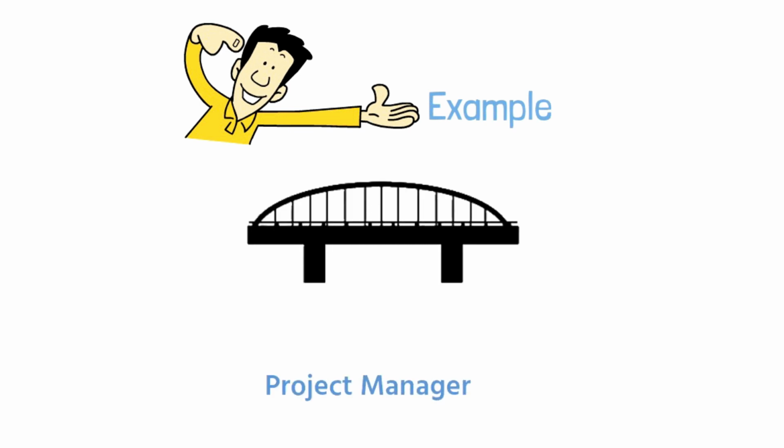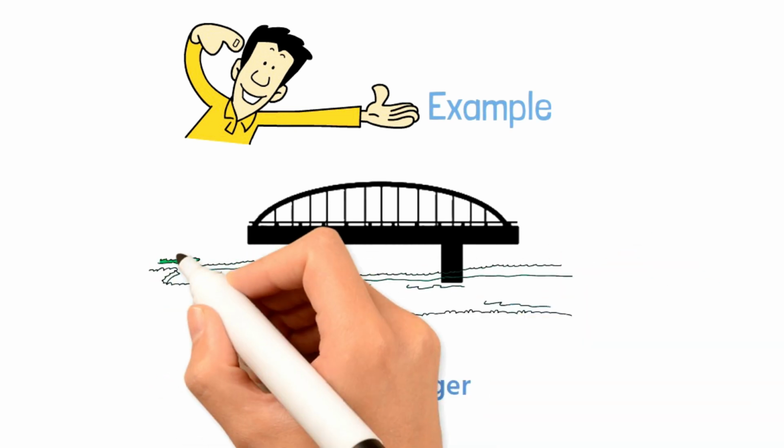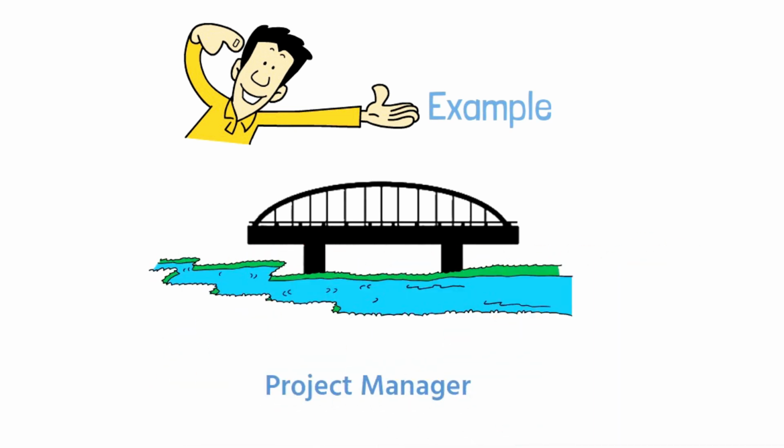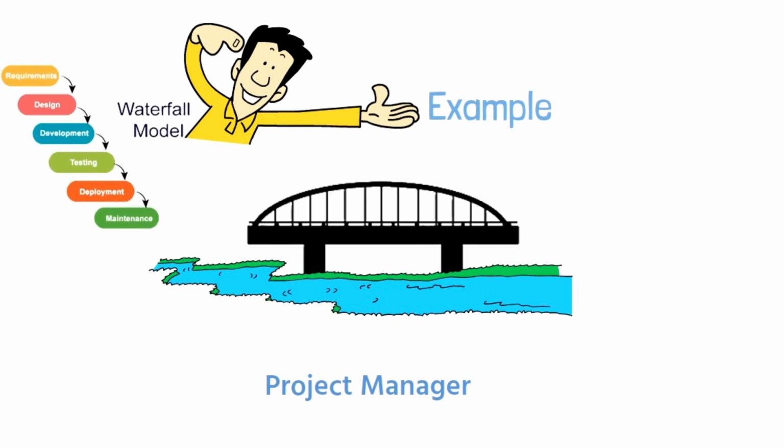Let's try to understand this with an example, okay? So let's say you are the project manager who is managing a project to construct a bridge across a river. Now, constructing a bridge across a river is typically a waterfall type project because it follows a linear and sequential process.